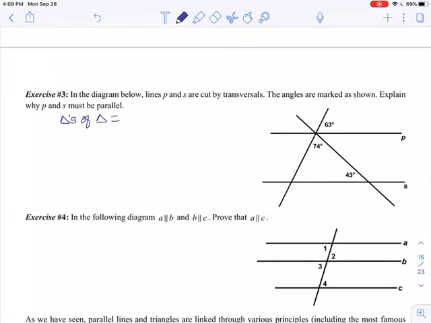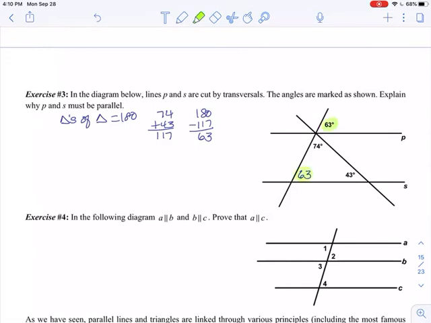So please remember the angles of a triangle equal 180. Okay, so let me add the two angles that I know, the 74 and the 43. Subtract it from 180. So 180 minus 117 is 63. So this angle right here must be 63.